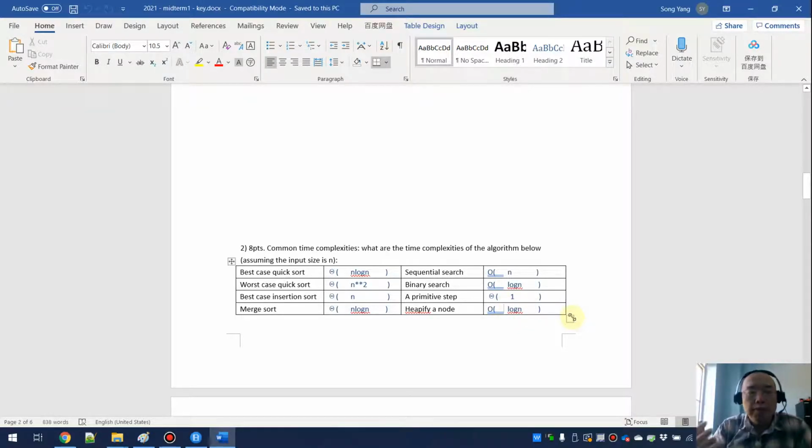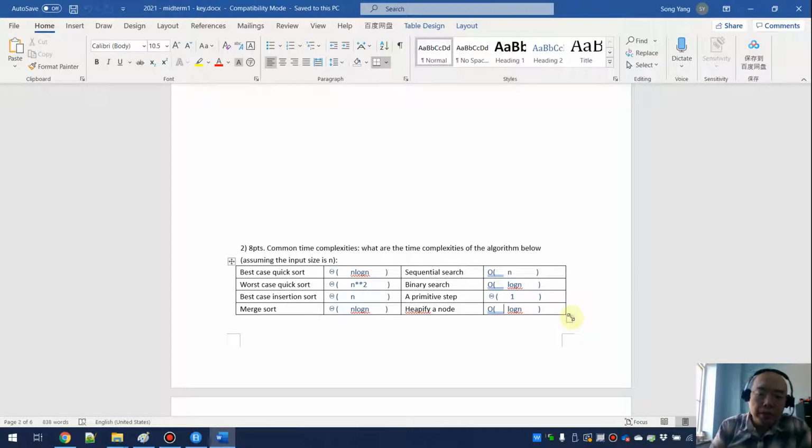But if we are lucky and we are doing a heapify of, say, a leaf, and it is already a leaf, nothing to do, so this is a constant time. Or if we are doing the heapify of the root, and the root is already a super large value, larger than both of the children, then again, nothing to do.